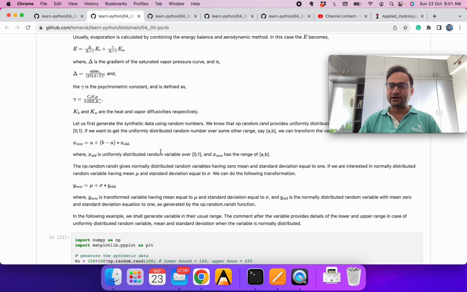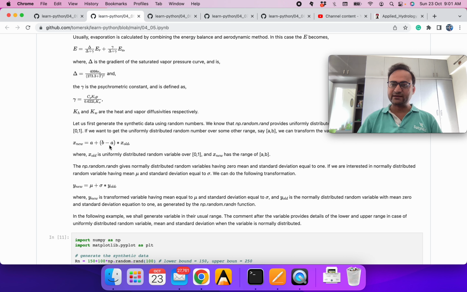But if we want, we can transform it from 0, 1 to any A and B. Simply, you can define A and use this formula: A plus (B minus A), the range, the difference we need, multiplied by X old. X old is uniform distribution having range of 0 and 1.